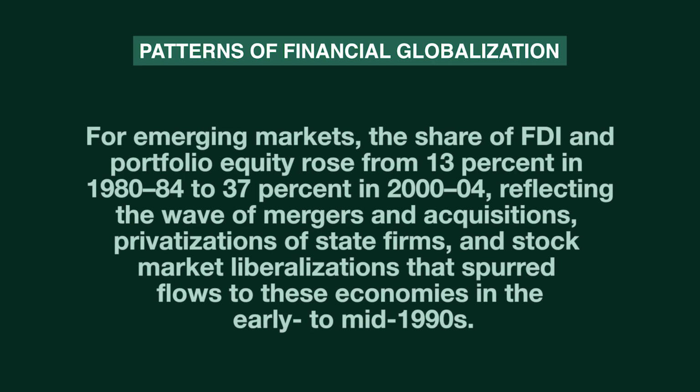For emerging markets, the share of FDI and portfolio equity rose from 13% in 1980-84 to around 37% in 2000-2004, reflecting the wave of mergers and acquisitions, privatizations of state firms, and stock market liberalizations that spurred flows to these economies in the early to mid-1990s.